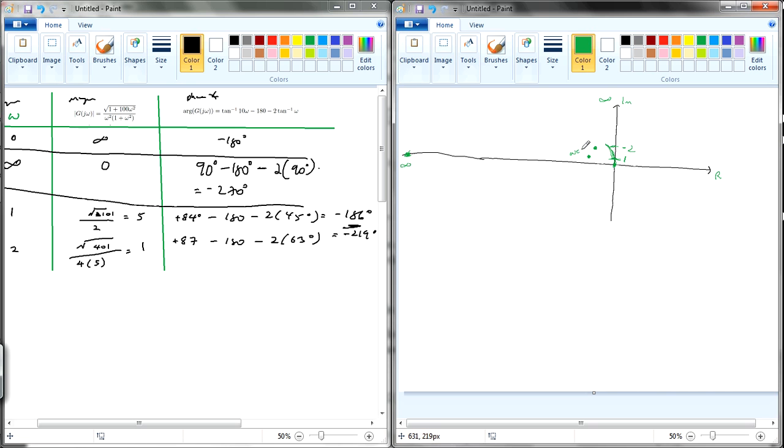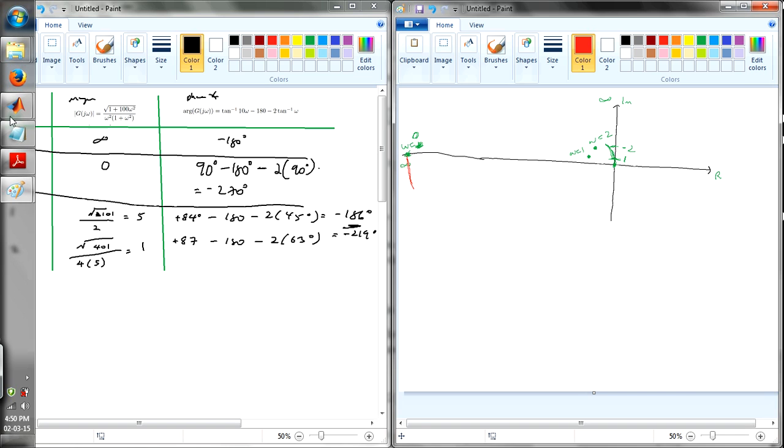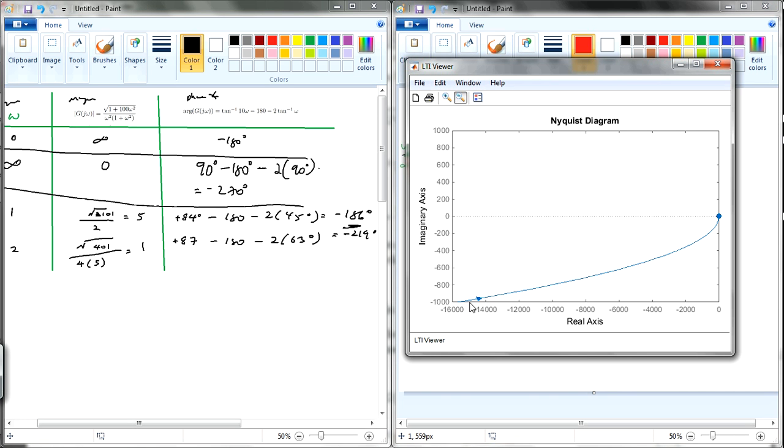So this is omega equals 1, this is omega equals 2, this is omega equals infinity. Omega equals 0, sorry. Right, so if you were to plot the root locus, in my MATLAB the graph comes from here, but we didn't show where it is coming from.